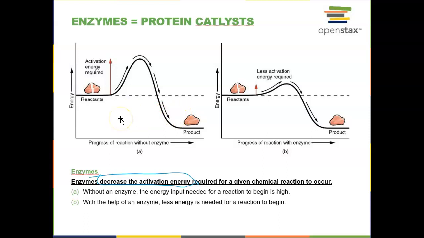So again, here, this is your activation energy. That's how much energy is required to break the old bonds so that you can form the new bonds. Enzymes just make that less. So the less energy there is required to start a reaction, the more likely it's going to happen at any given temperature.